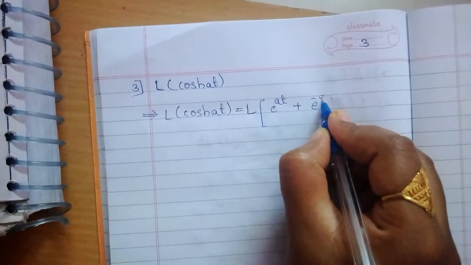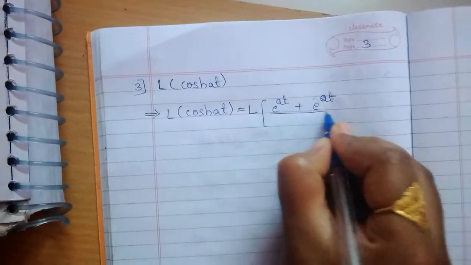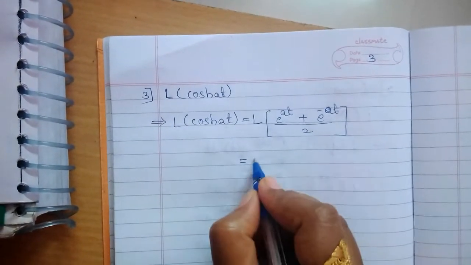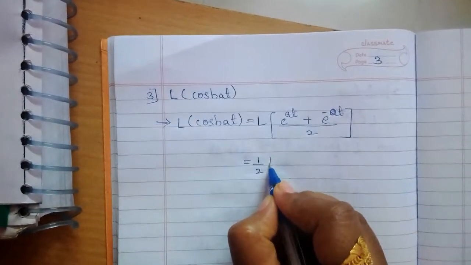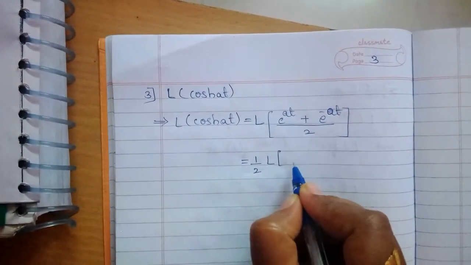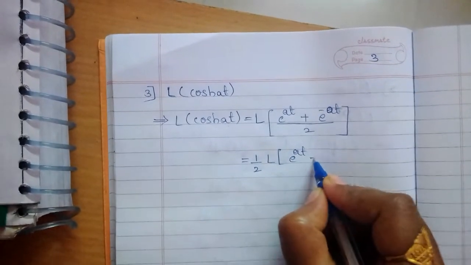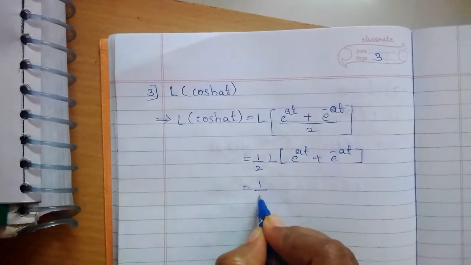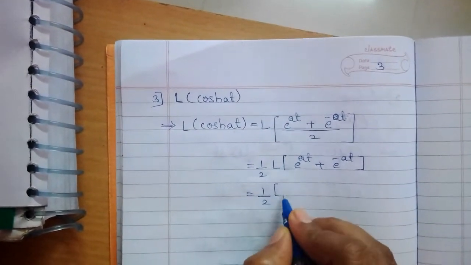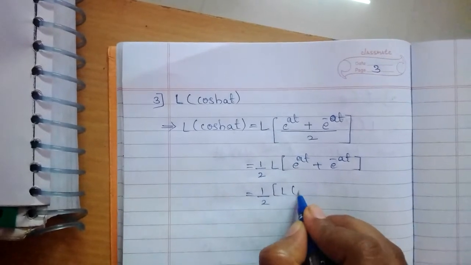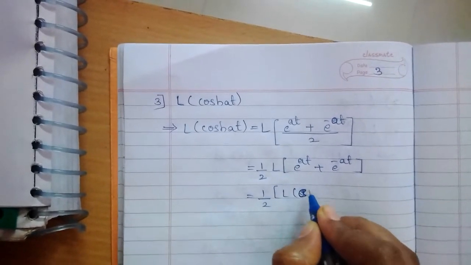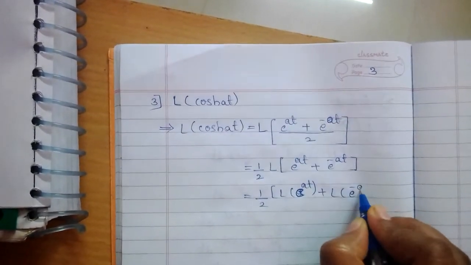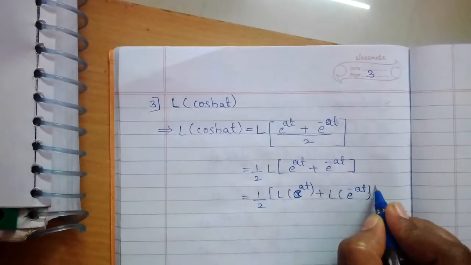Now we can write this as L of e raised to at plus e raised to minus at divided by 2, which is equal to, here 1 by 2 is a constant, take it outside, then it will be half into Laplace transform of e raised to at plus Laplace transform of e raised to minus at.